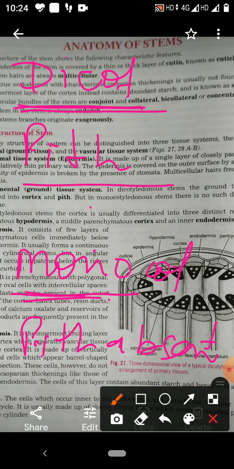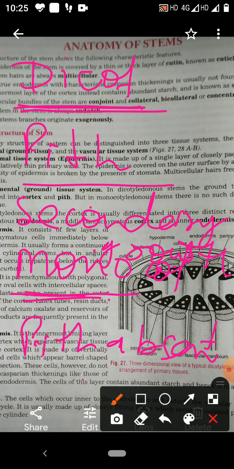In the dicot, there is secondary growth, but in the monocot, no secondary growth occurs. So children, I have told you the anatomy of dicot stem and monocot stem. You have to learn the differences between them.